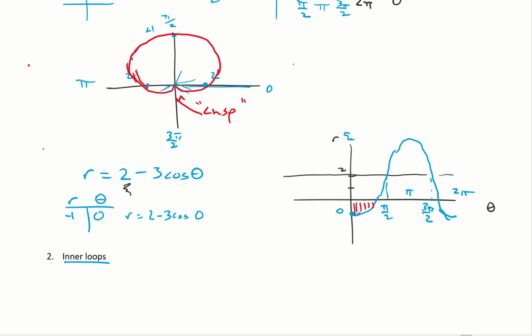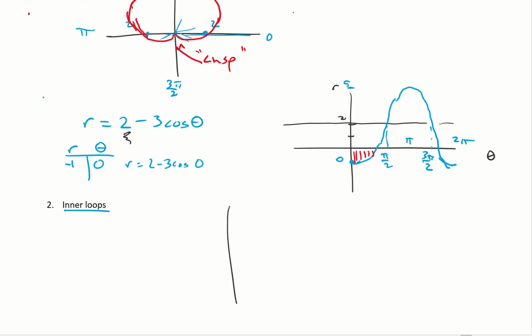So here's where we're going to attempt to graph this thing. Okay, and so let's see. When you're pointing in the 0 direction, you're actually at -1. R is, okay? But then it cruises up to 0 by the time you get to pi over 2. Okay? Does it cross?